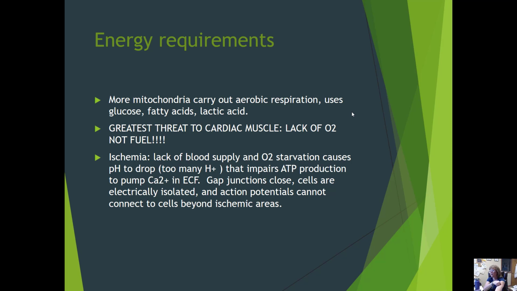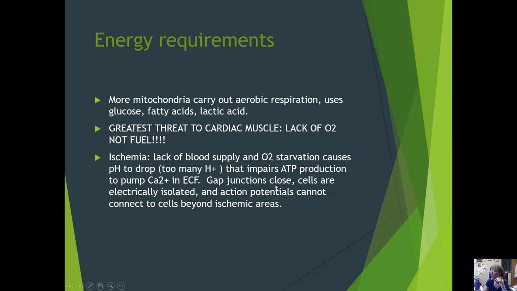But if they are deprived of oxygen, then that's where it will want to go into anaerobic respiration. But we don't want that to happen. When we have ischemia and we don't have enough O2, we're going to get a drop in pH that will impair our ATP production, and we can't pump the calcium back out, either into the sarcoplasmic reticulum or out of the cell.